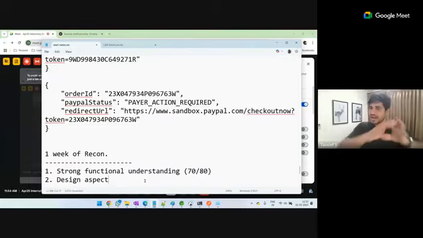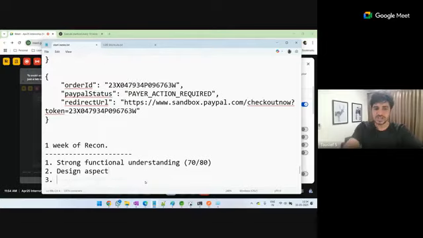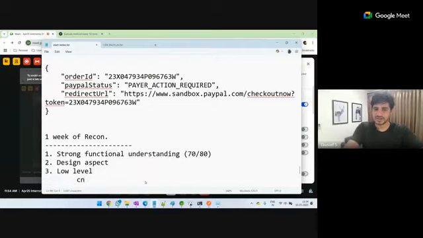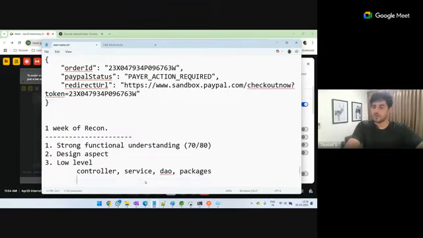Once you are clear with the high-level approach of how to implement it, then it comes to the low level. It really boils down to this. How will be your layered application, controller, service, DAO, other packages, what all classes are needed in the journey?